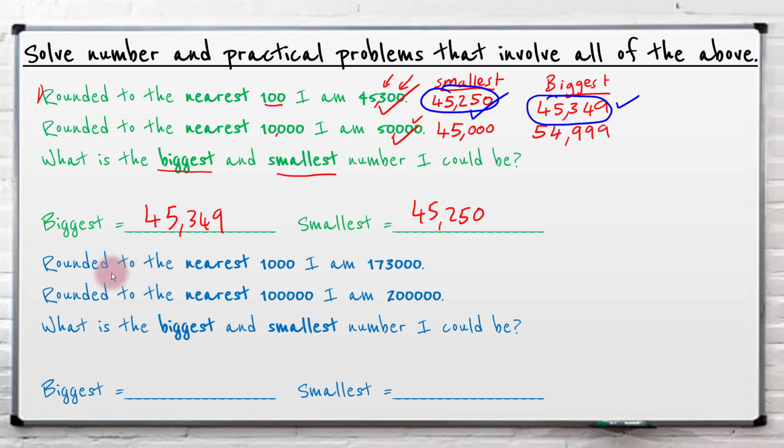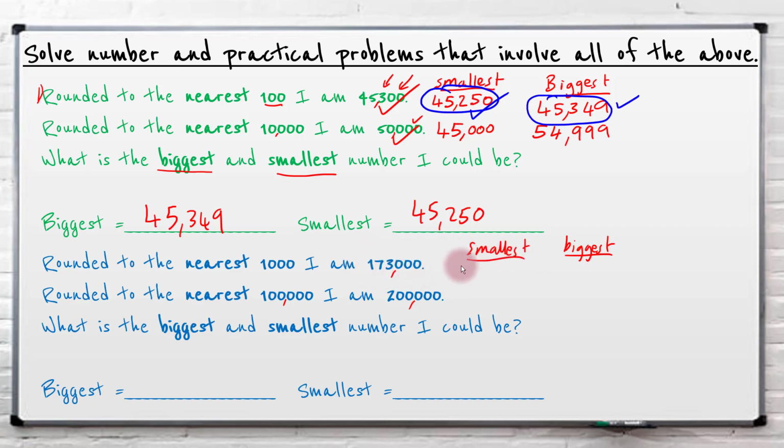Let's do another example. Rounded to the nearest 1,000, I am 173,000. Rounded to the nearest 100,000, I am 200,000. Well, let's do again the biggest and smallest. I'll do the smallest first, and then the biggest, and then see which of the two answers I'm going to use.